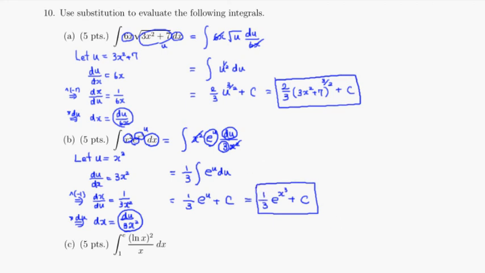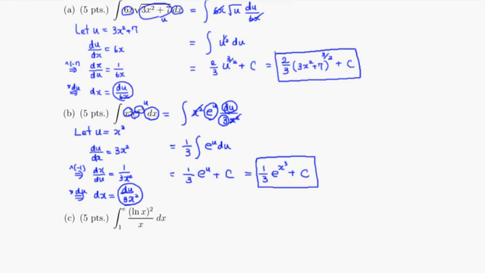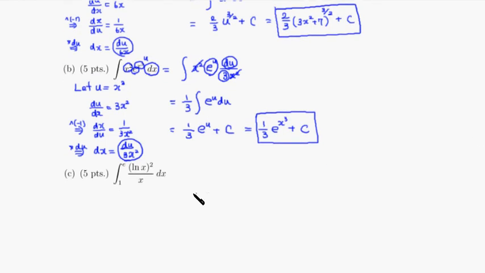All right, so let's look at part C. I'm going to move down a bit. Part C is a definite integral, so we're going to use a substitution. We see a natural log of x, and usually u is going to be natural log of x. So u is natural log of x. Take the derivative of u with respect to x, and you get 1 over x.